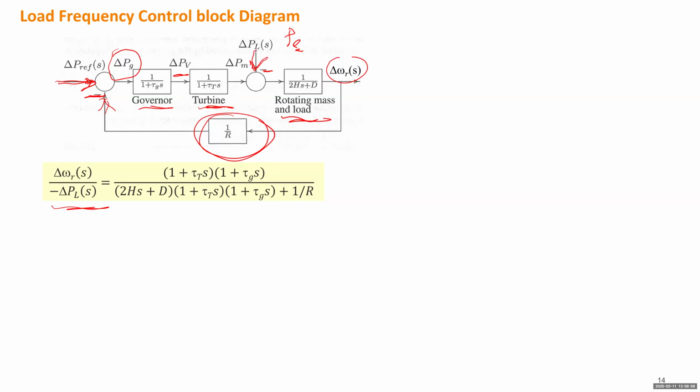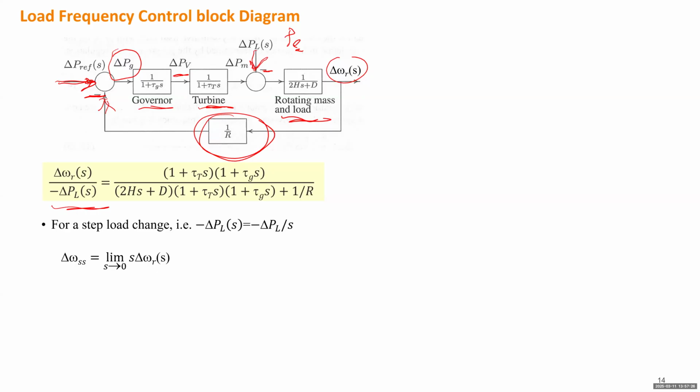In this transfer function, the numerator will be whatever is on the loop from the input to the output, and the denominator is the same expression, which is equal to 1 plus the product of everything on the loop, if it's a negative feedback.